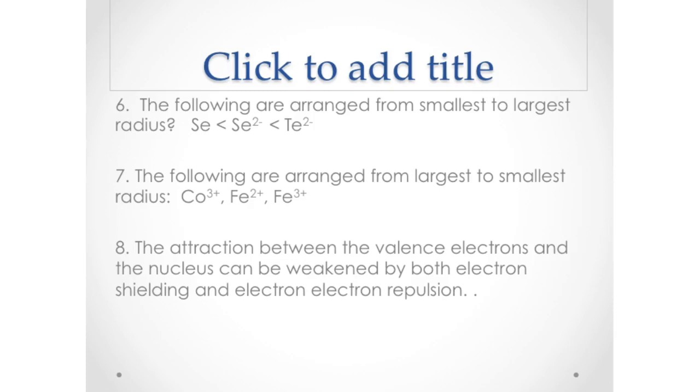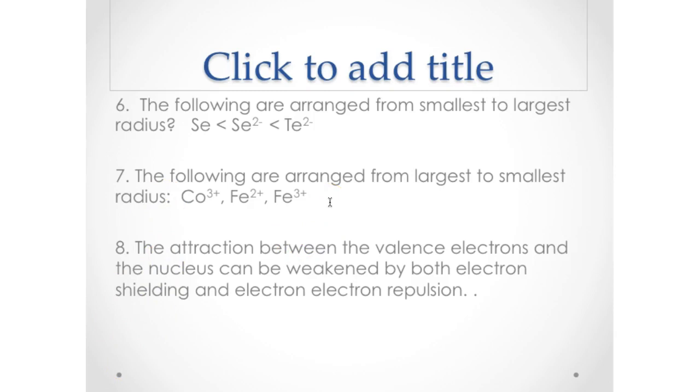Okay, so that means selenium on its own in its neutral form should be the smallest, and then because both of the ions are gaining 2 electrons, we have to use the trend here, and tellurium happens to be larger, so that's why we end up putting the tellurium with a negative 2 charge at the end. Negative means it's gaining electrons, going to be really, really big.